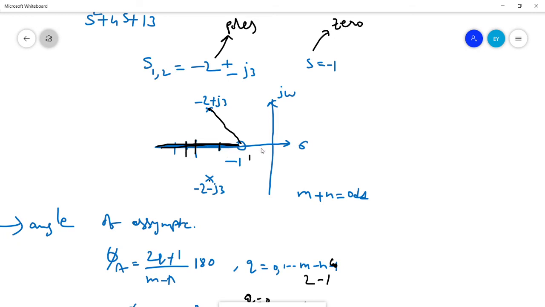Once we plotted, you just check the path of the root locus. Stand somewhere on the real axis and check how many poles plus zeros are on the right half of the S-plane.